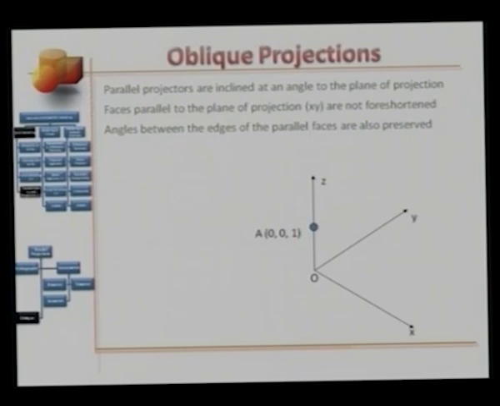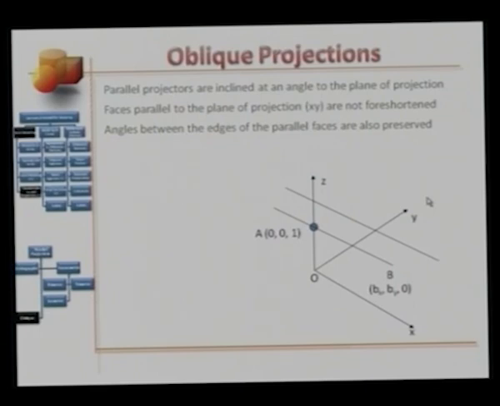Say we have a point A at distance 1 from the origin along the z-axis, and say we have an inclined projector passing through this point and hitting the xy plane. This projector is hitting the xy plane at point B with coordinates b sub x, b sub y, and of course z is 0.